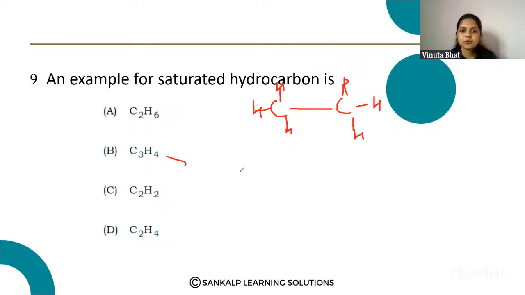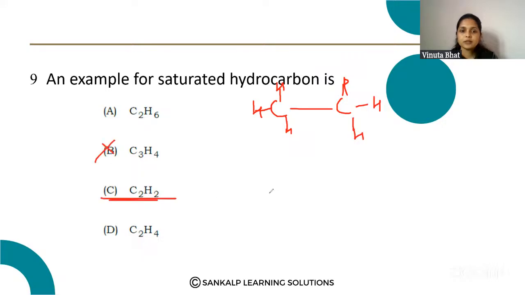Yes, C3H4: here only 4 hydrogens, so I will take the double bond. Here I will take the triple bond, so 4 hydrogens in total, and the carbon valency is also fulfilled. Okay, so here a triple bond is there, so it is not a saturated hydrocarbon. Option B is wrong.